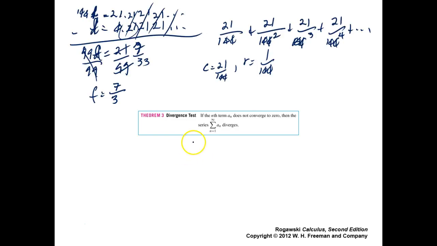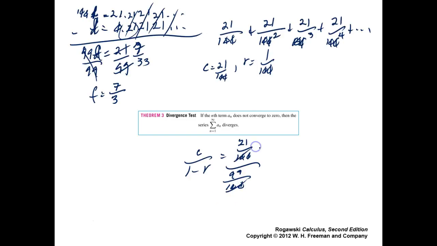Since you are using that one, it would be C over 1 minus R. That would be 21 over 100 over 99 over 100, because 1 minus 1 over 100 is 99 over 100.